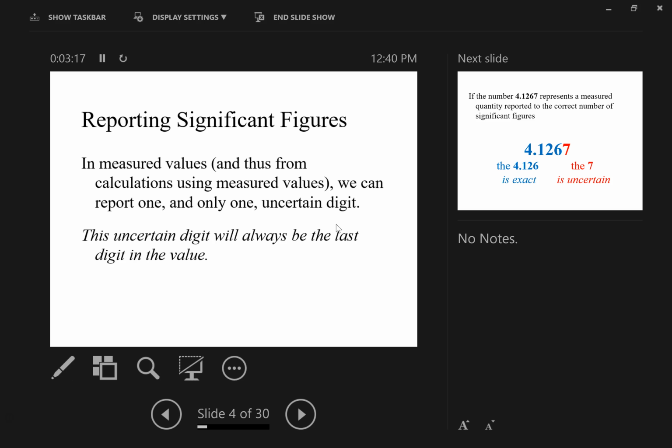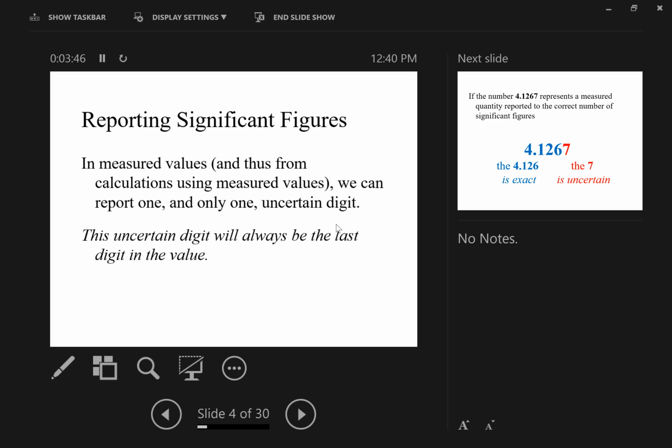remember, working that complex chemistry problem and giving an answer that reflects the uncertainty in the values you use to calculate it. It's important. If I was going back to this marker and I said it's 5.49 inches, well, what if I told somebody it was 5.49327654 inches?